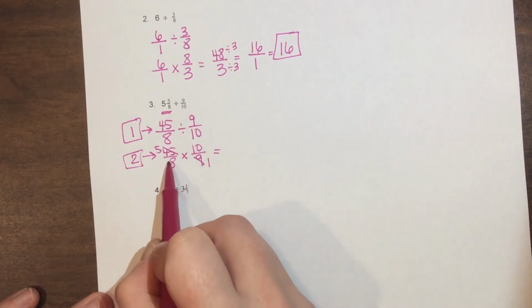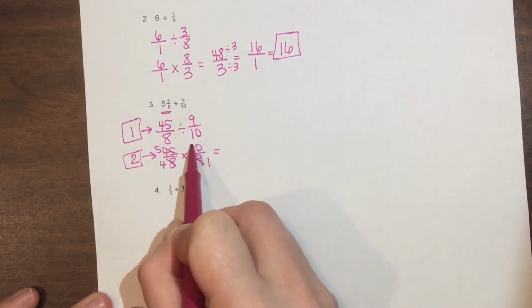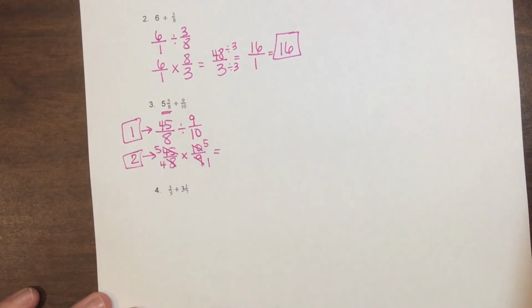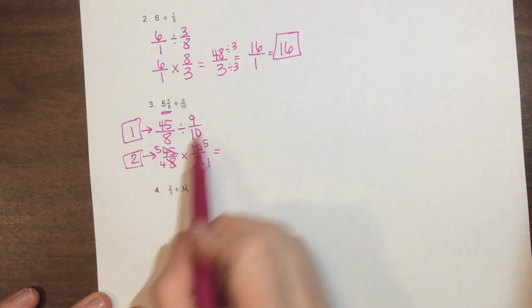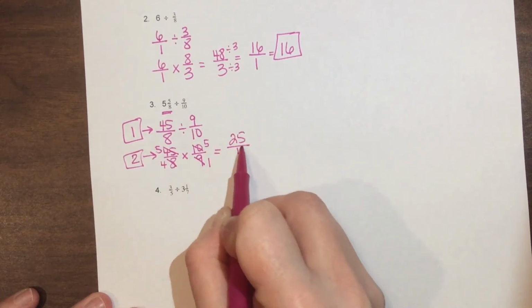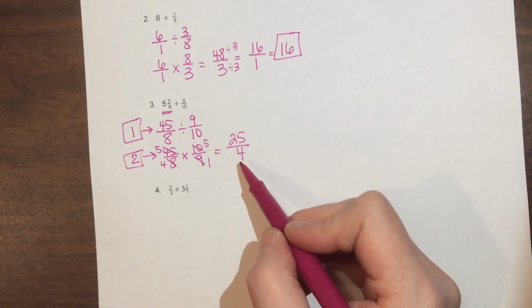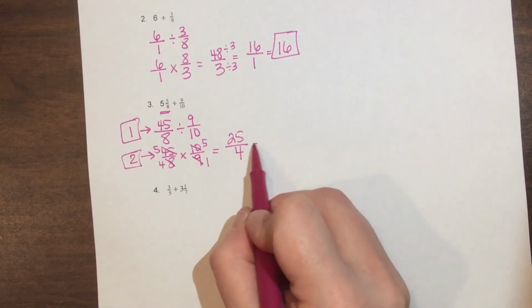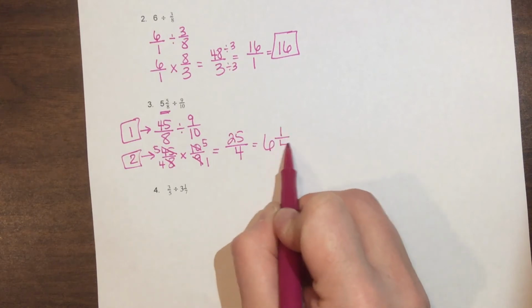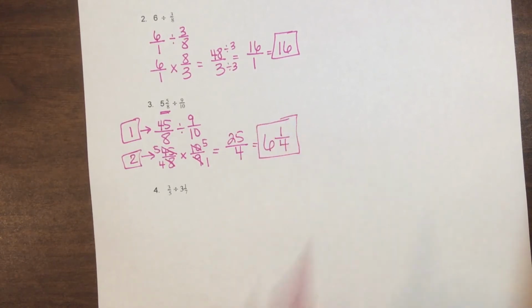And the 8 and 10, we can factor out a 2, which leaves a 4 and a 5. Now these numbers are just a little bit easier to multiply. 5 times 5 is 25. 4 times 1 is 4. We know that 4 can go into 25 6 whole times with 1 left over, keeping that denominator the same. Our answer is 6 1/4.